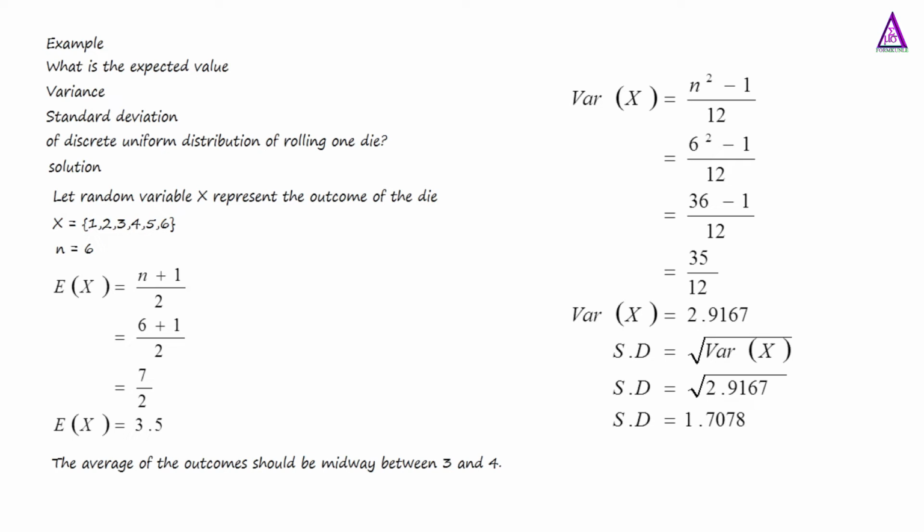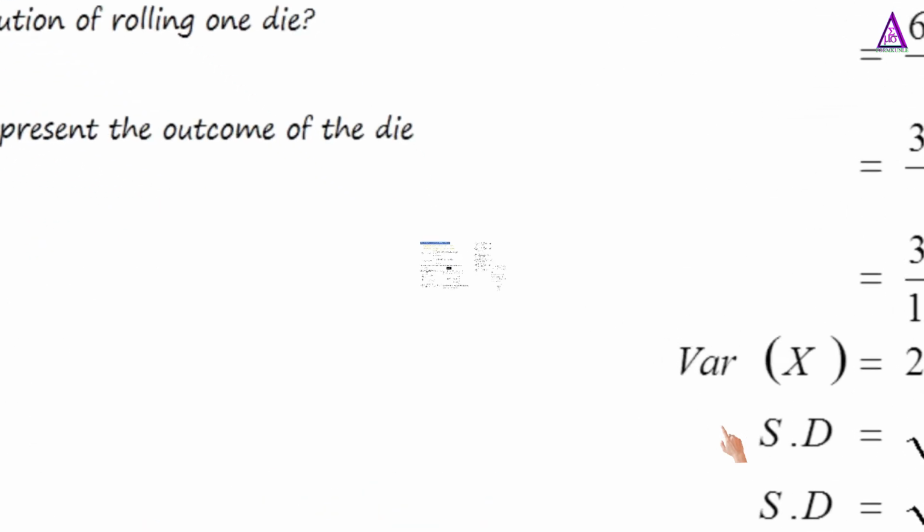So standard deviation is the square root of variance of x. And our variance of x of discrete uniform distribution is 2.9167. The square root of 2.9167 equals 1.7078, which is our standard deviation.